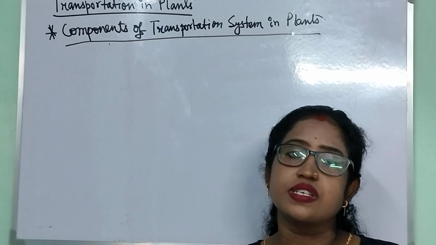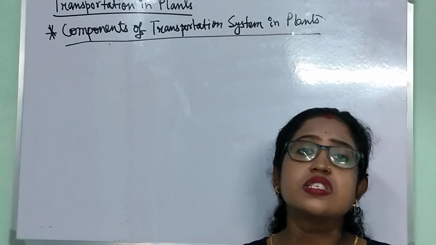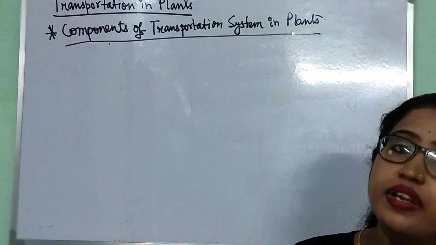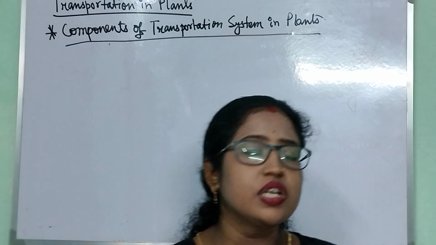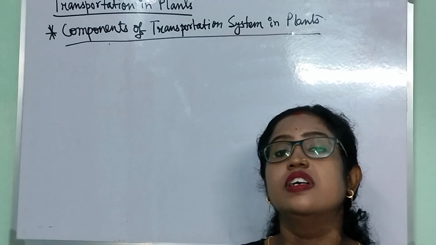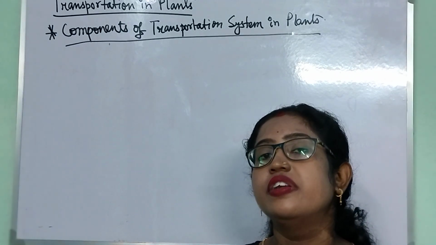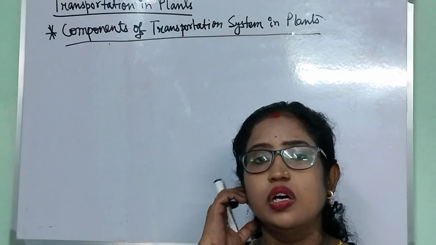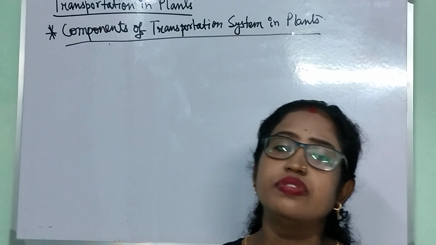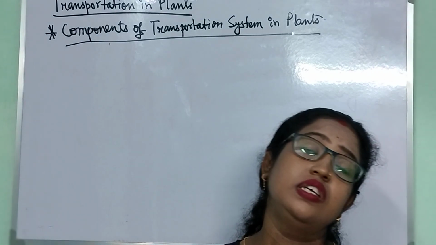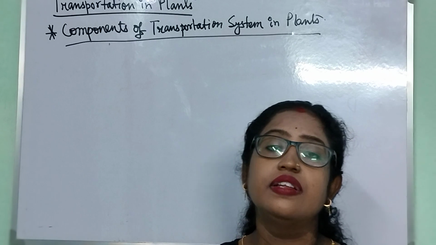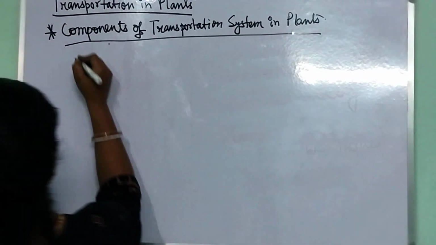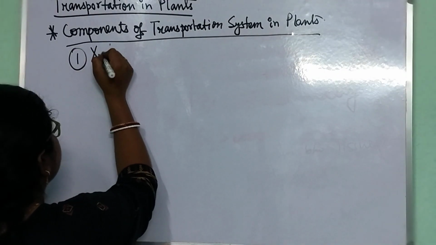Through the xylem system, water travels from the root to various other organs, especially the leaves, and the food produced in the green areas, especially in the leaves, travels to other parts of the plant body via the phloem system. So let us discuss the first component first, which is the xylem.